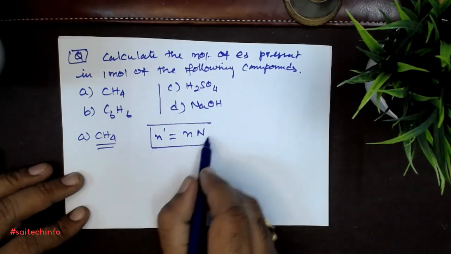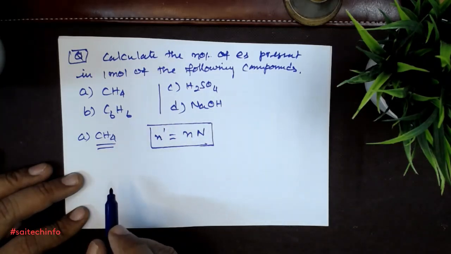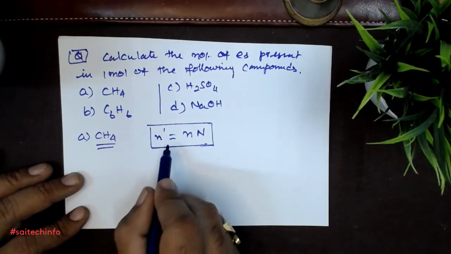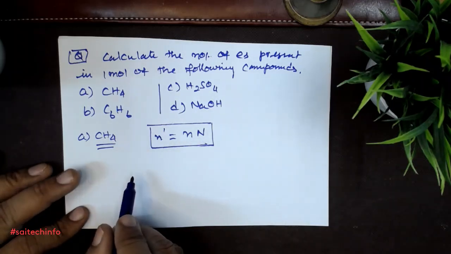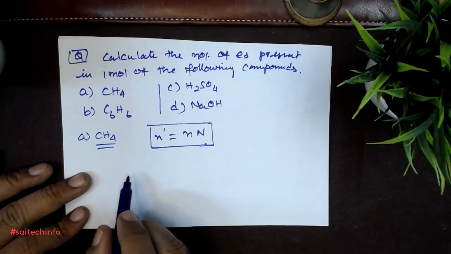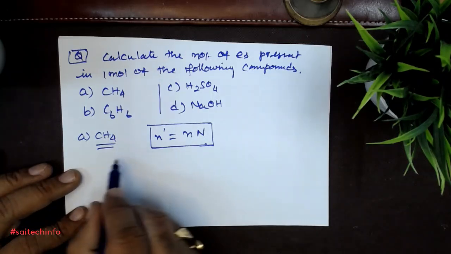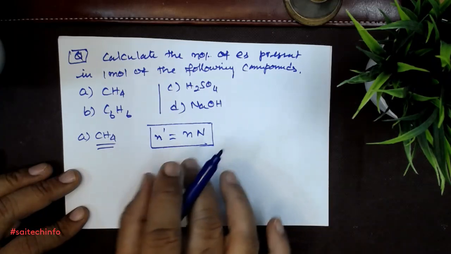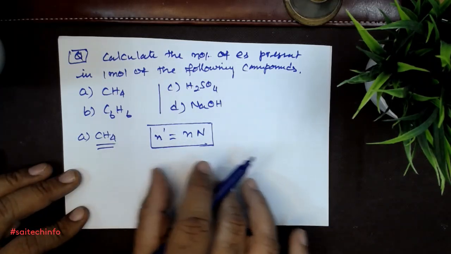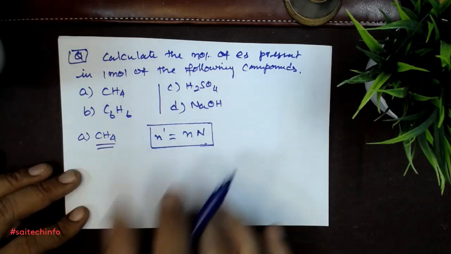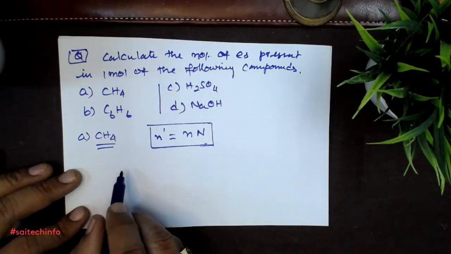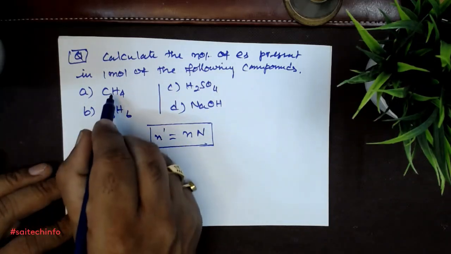Take down. Now first of all we have to calculate the number of molecules present in 1 mole of the given compound. Okay, so it is 1 mole of CH4.